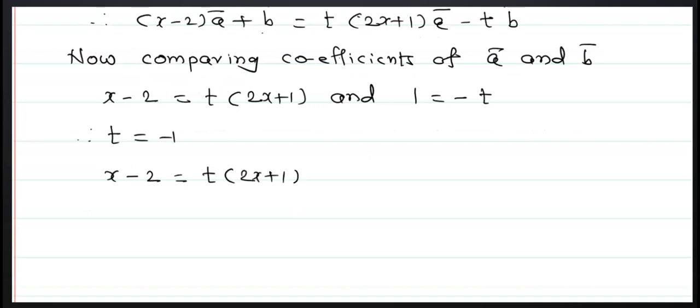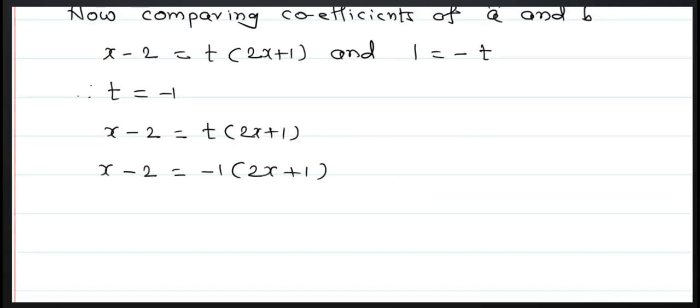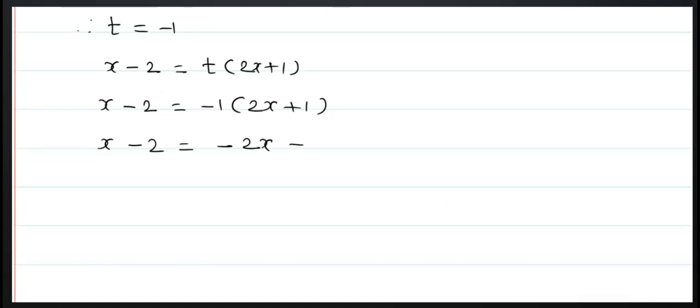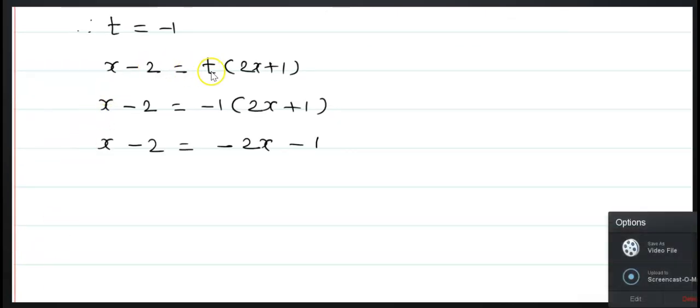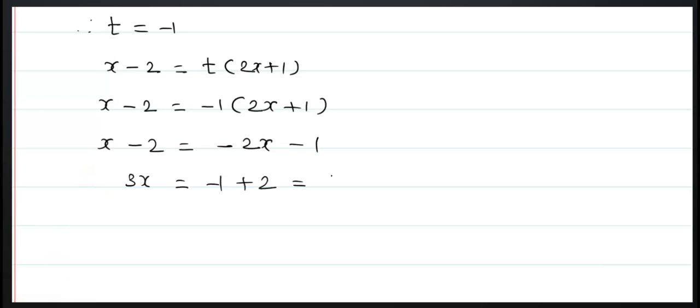Substitute the value of t: x minus 2 is equal to minus (2x plus 1). That is, x minus 2 is equal to minus 2x minus 1. Therefore, you will get 3x is equal to 1, and that is x is equal to 1 upon 3.